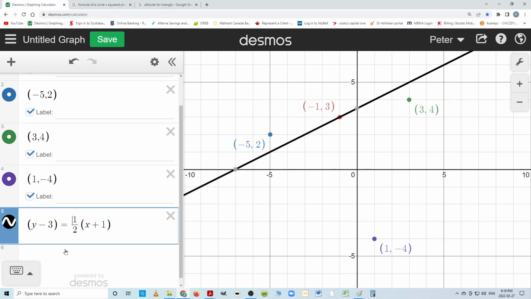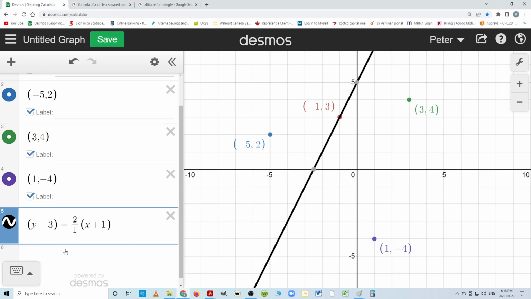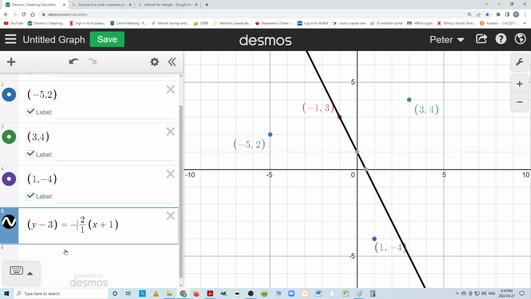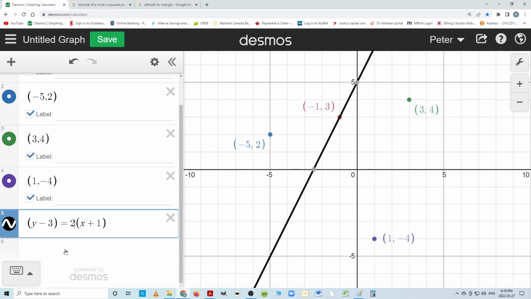So let's try it this way. I don't think that's the right angle either, so hang on. 4 minus 2 is 2. I think it'd just be 2, wouldn't it? And then x minus 1, y minus 3.